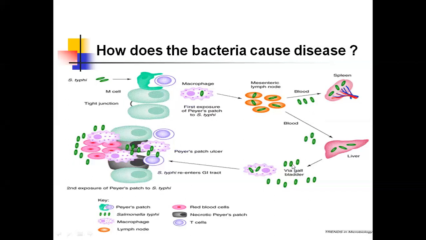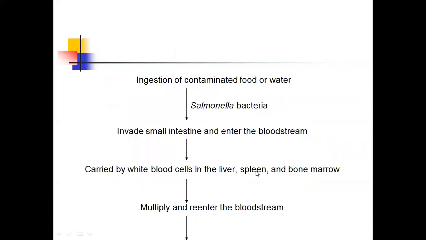Within this transmission process, the mesenteric lymph node, blood, spleen, liver, and gallbladder are equally infected. This is a summary of the infection pathogenesis.